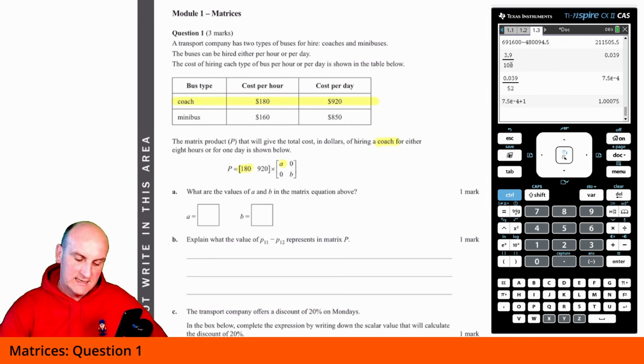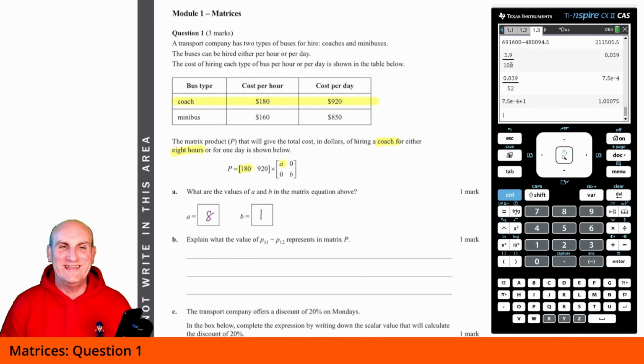So actually that, again, is not going to be that. It's actually going to be 8. The reason being is because we're going to do it for 8 hours. And the question says quite clearly here 8 hours. And this cost is actually cost per hour. So I need to do 180 times 8. A is going to be 8. It's 920 per day. It says 1 day. So B would have to be 1. God, nearly tripped over again.